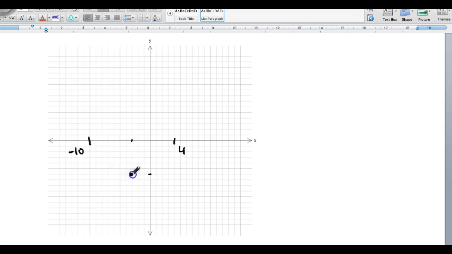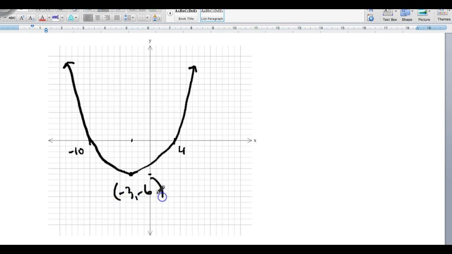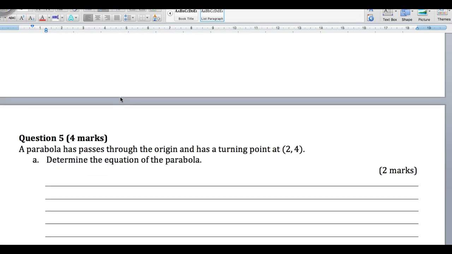So there's our turning point there. So it doesn't matter about that a, even though it's horrible, it doesn't really make drawing it difficult. It's just a pain in the butt having those numbers. Was it -3, -6? Okay, so there's your parabola. All right, that worked out a bit nicer, didn't it? Aren't you glad I didn't give you that one for the test?